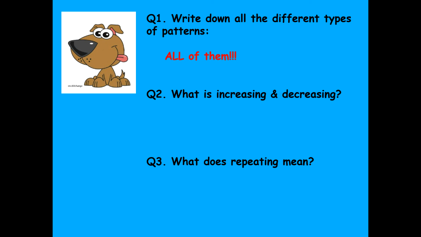What is increasing and decreasing? Well, there are 2 questions here in one, so there must be 2 answers. B getting bigger and C getting smaller. And finally, what does repeating mean? We've been practicing that again today, and yes, we know that it has the same pattern each time.